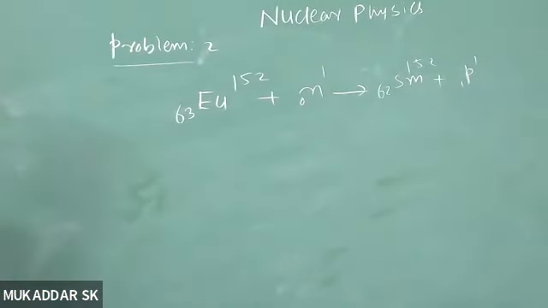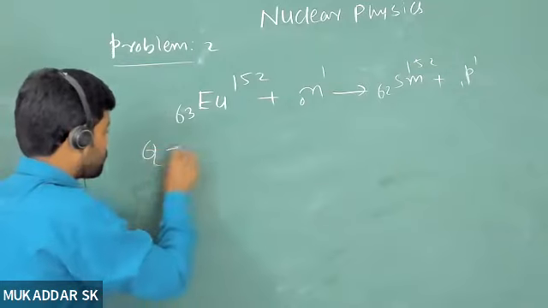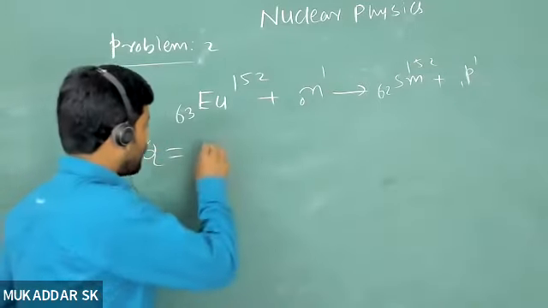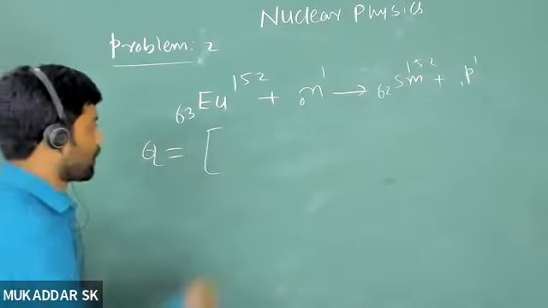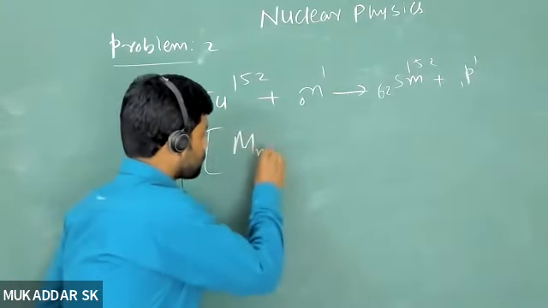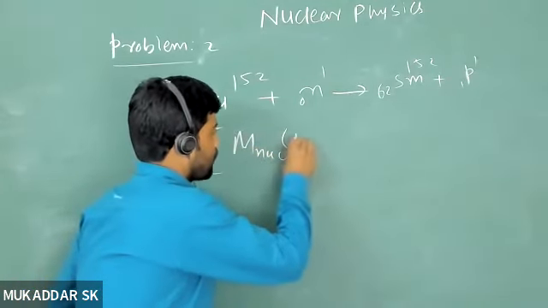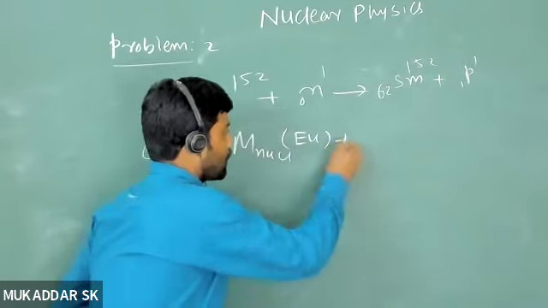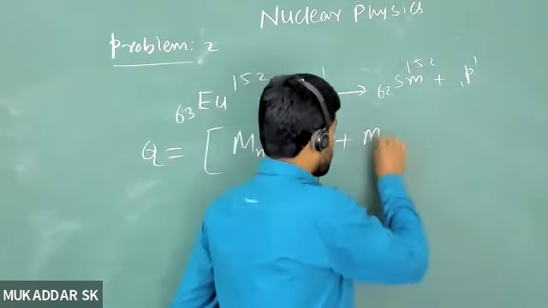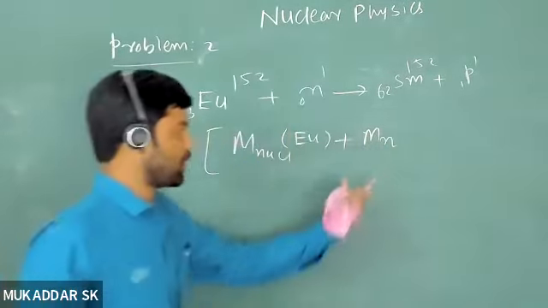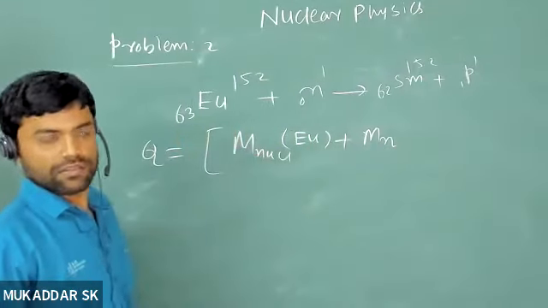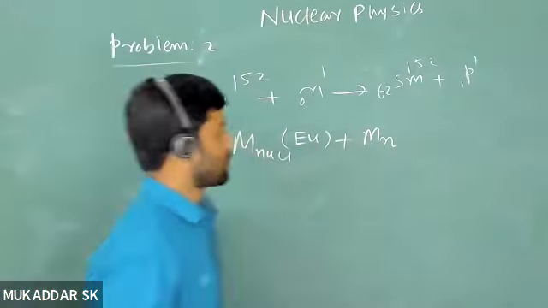Okay, so I'll write that Q value equation. You have the nuclear mass of europium plus the mass of a neutron. I cannot ignore the mass of a neutron here because this is not an electron, right? It's massive, so I have to take it into account.